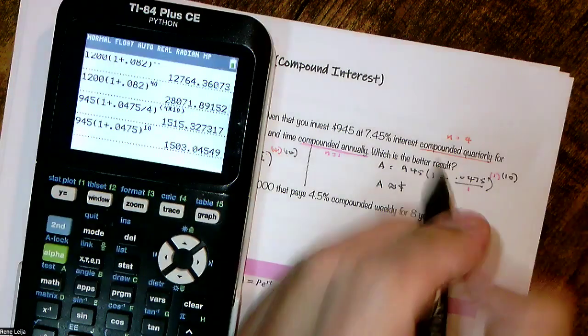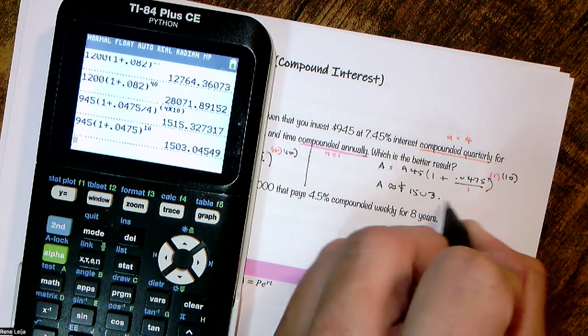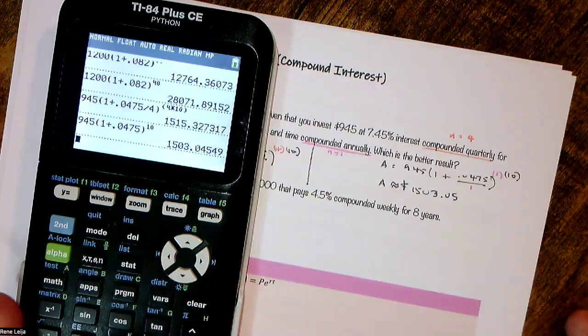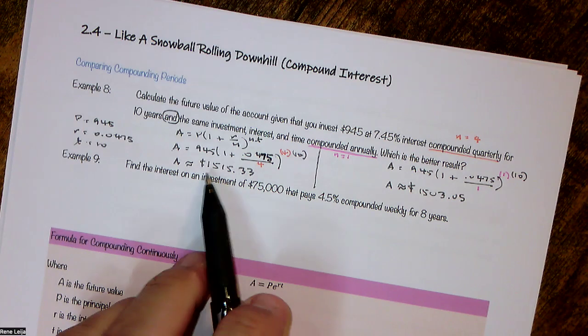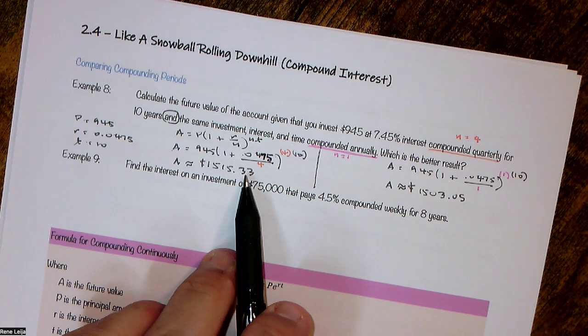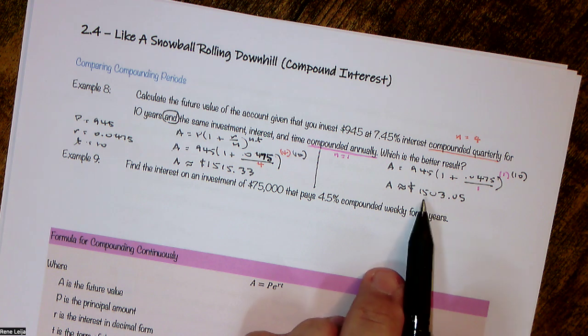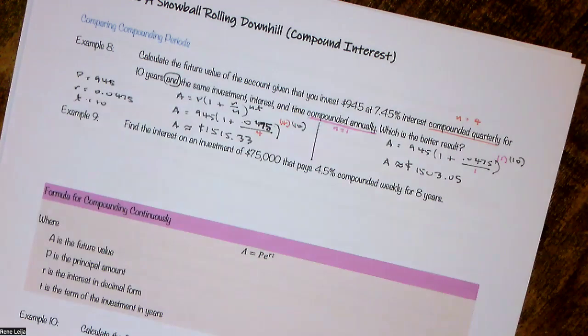And you can see, oh, that's 5 cents. Okay, so there you go. So the future value compounded quarterly is $1,515.33, and compounded annually is $1,503.05. So obviously, the compounded quarterly option is the better.